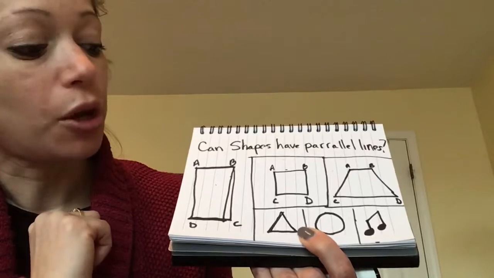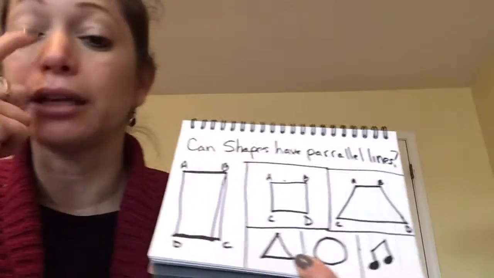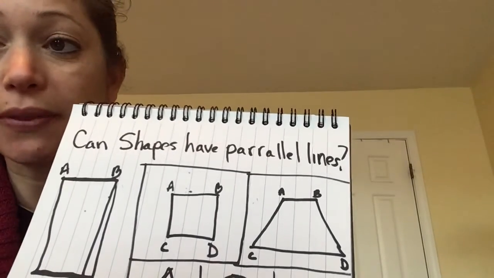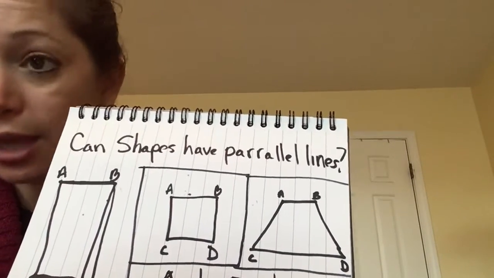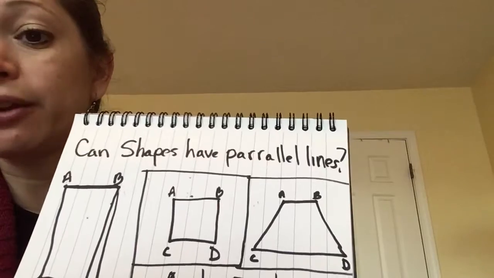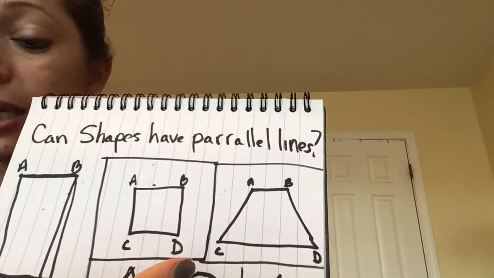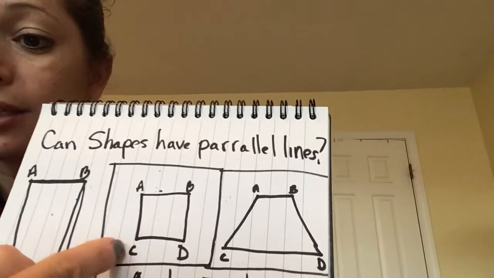So rectangles have two sets of parallel lines. Let's look at squares. Squares are very similar, but they have all equal sides. So yes, they have two sets of parallel lines. You can see AB is parallel to CD, and then AC is parallel to BD.